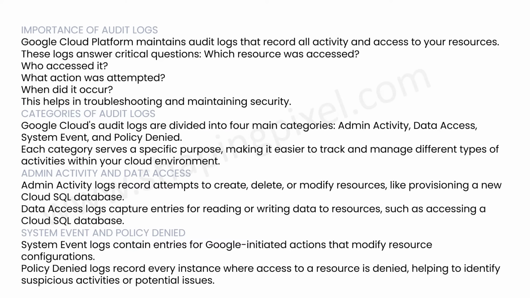Data access logs capture entries for reading or writing data to resources, such as accessing a Cloud SQL database. System event logs contain entries for Google initiated actions that modify resource configurations. Policy denied logs record every instance where access to a resource is denied, helping you identify suspicious activities or potential issues.